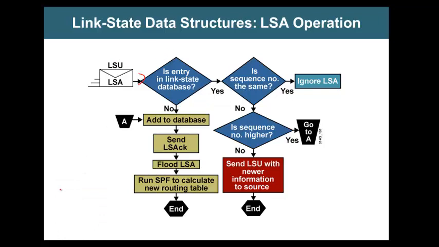It adds to the database, and then after adding, it sends the acknowledgement to the sender. Afterwards, it floods the information to the rest of the downstream neighbors and runs the SPF algorithm on the local database. Best path is elected and given to the routing table. The end. So this is only if the database is empty, only if the router receives the update for the first time.